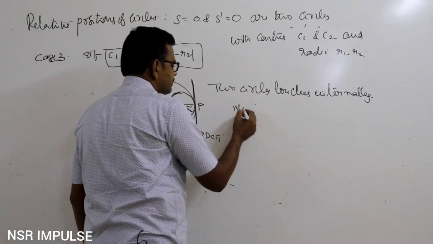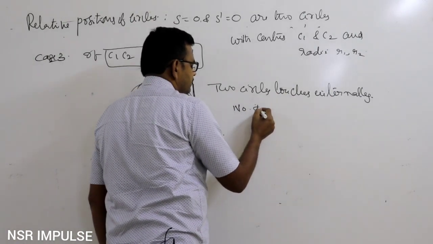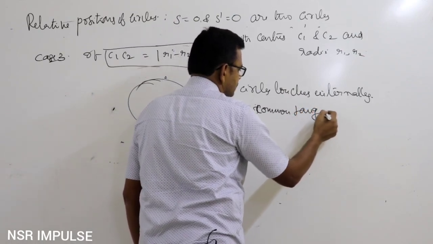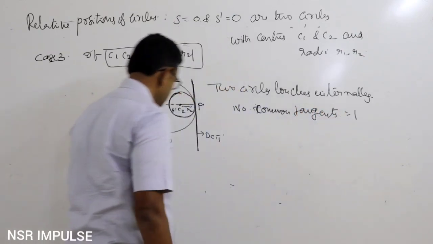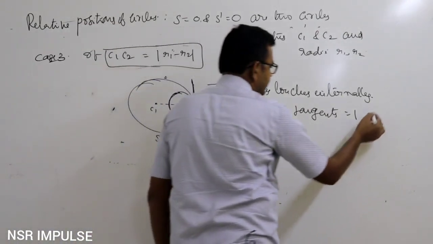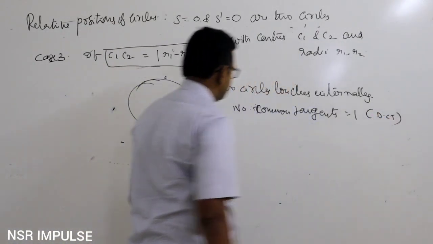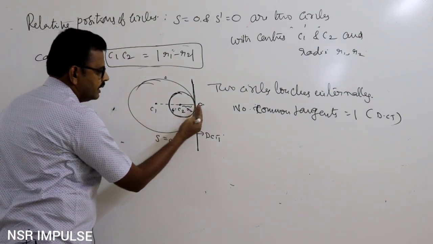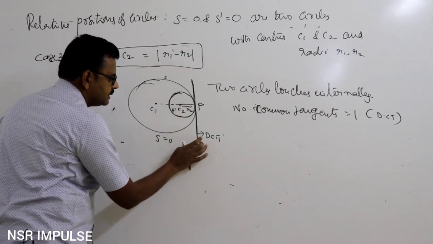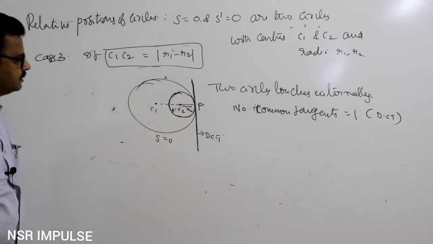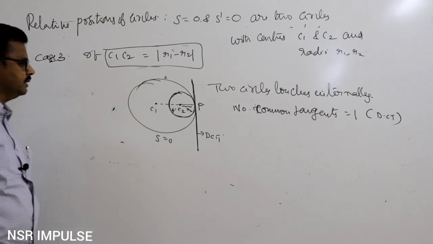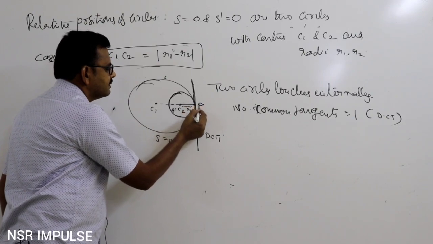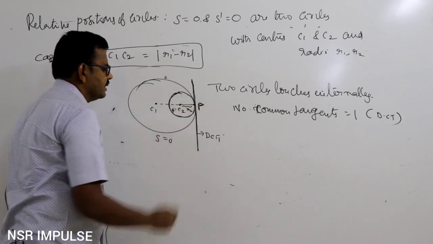So in this case, the number of common tangents is 1, that is only a direct common tangent, because the two circles S equal to 0 and S dash equal to 0 lie on the same side of this line. Suppose we want to find the point of contact; this is called the external center of similitude.